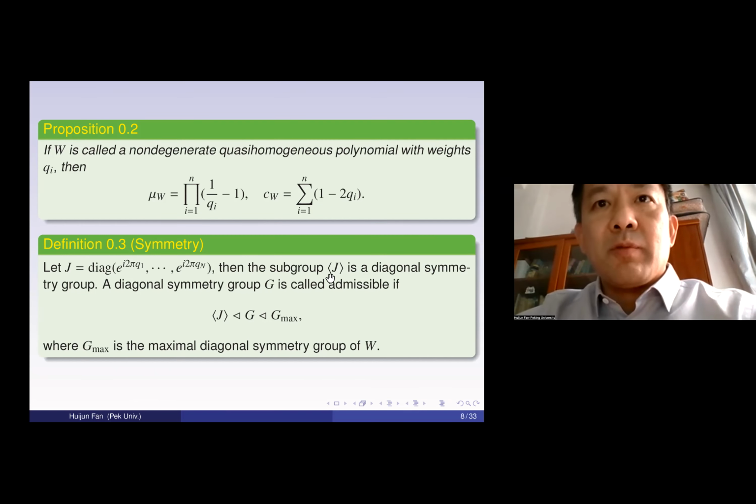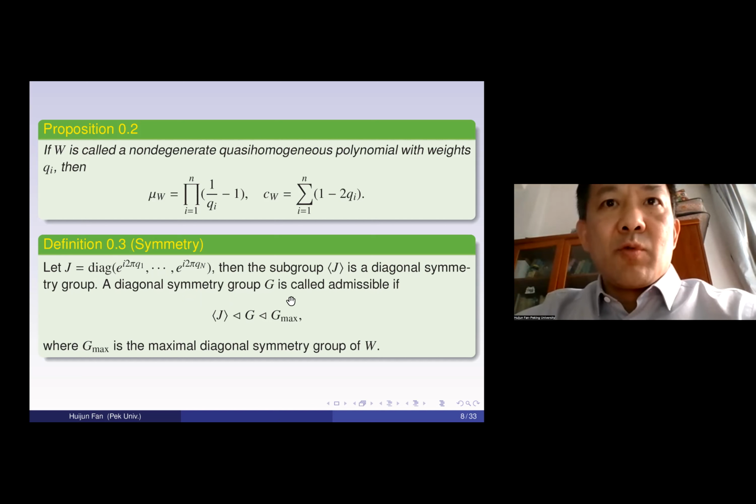Then the subgroup, the cyclic group generated by J, is a diagonal symmetry group. That means if you change the variables under this matrix multiplication, the polynomial is invariant.